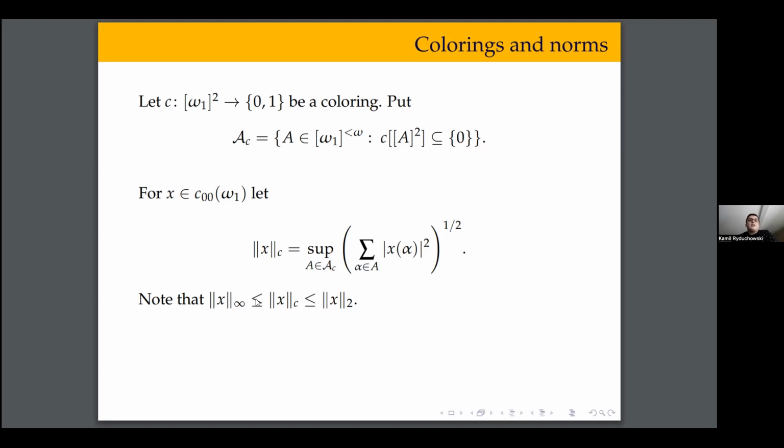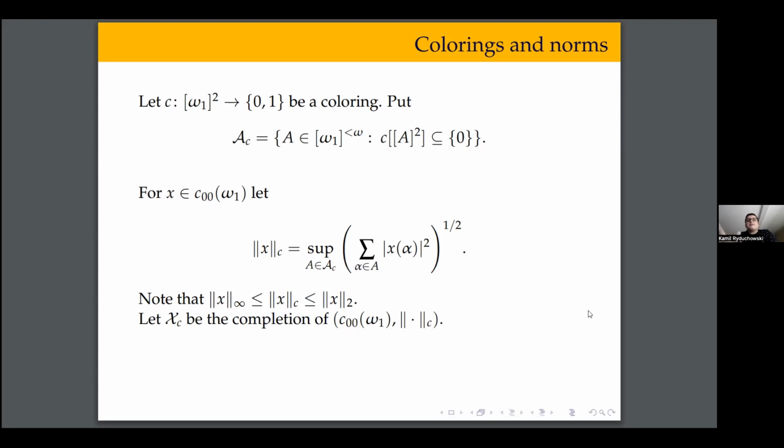And similarly, if the support of x is 1 monochromatic, so no edge has color 0, then the first inequality is in fact an equality. And by X_C, we denote the completion of C00 of omega 1 with respect to this norm.